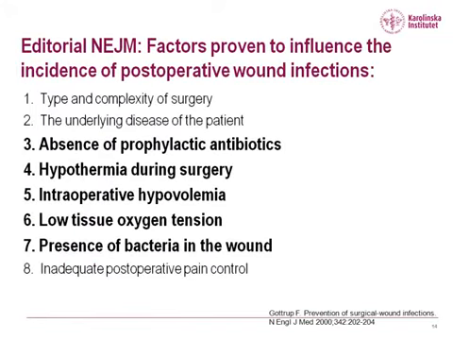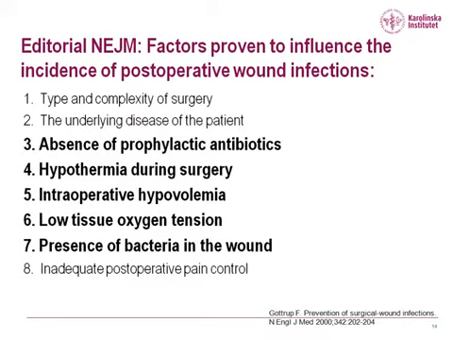And a few years ago, there was an editorial in New England Journal of Medicine where they listed the major factors that have been proven to influence the incidence of postoperative wound infections. Type and complexity of surgery, the underlying disease of the patients, absence of prophylactic antibiotics, hypothermia during surgery, intraoperative hypovolemia, low tissue oxygen tension, presence of bacteria in the wound, and inadequate postoperative pain control.